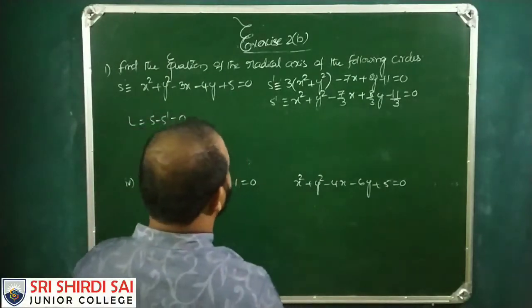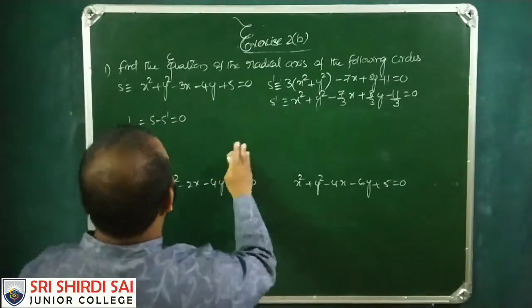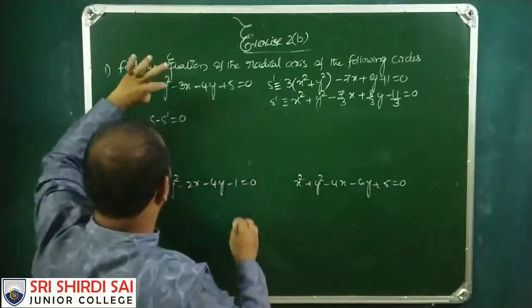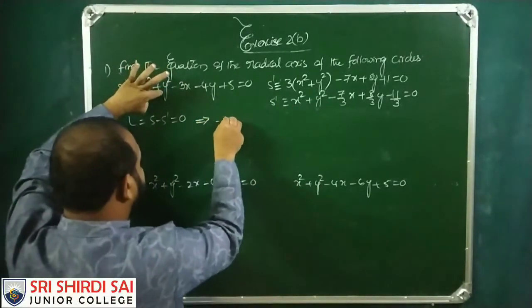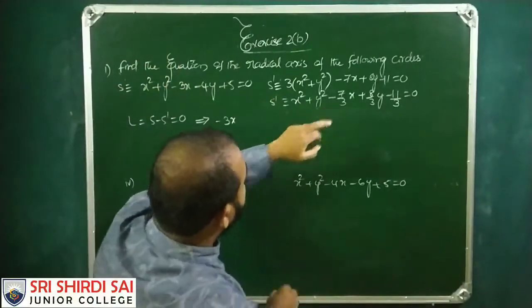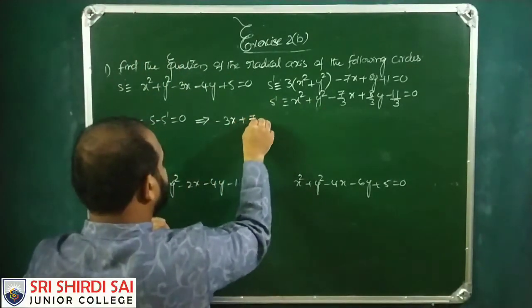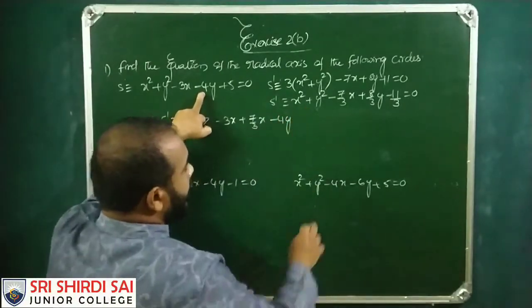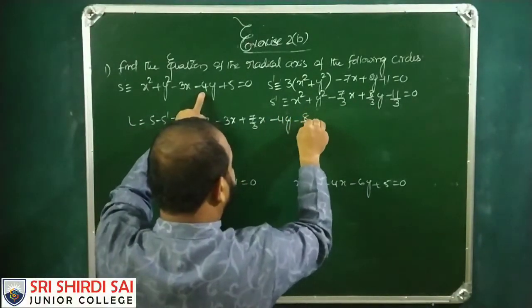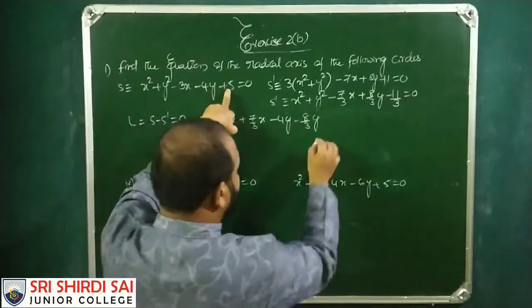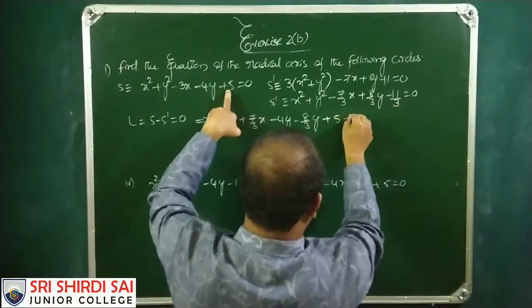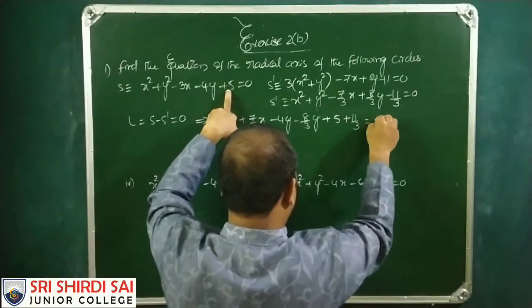Then S minus S dash equals 0. X square plus y square minus of x square plus y square gets cancelled. Minus 3x plus 7 by 3 x, minus 4y minus 8 by 3 y, plus 5 minus of minus is 11 by 3, equals 0.